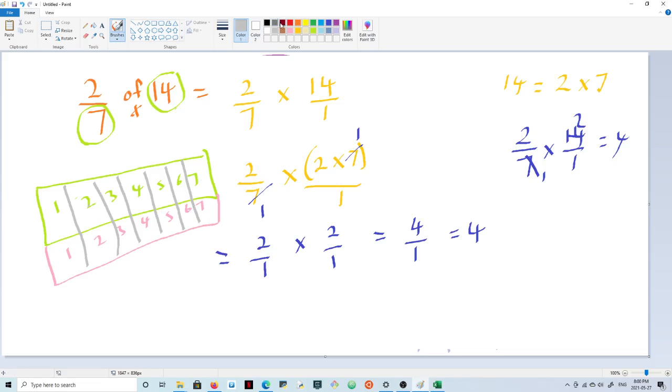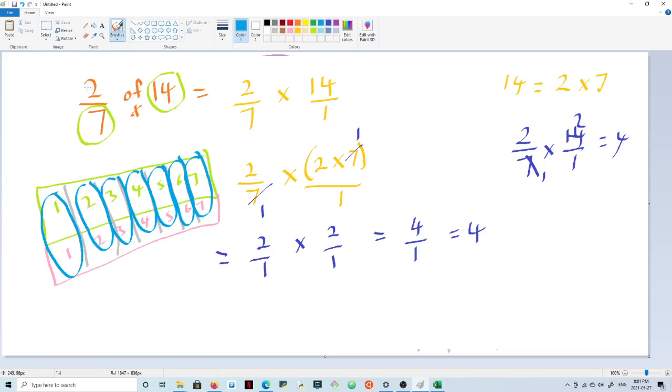So if you have 14 elements and you want to create 7 sets out of it, each set will have 2 elements. This is one set, another set. And how many sets are you going to have? You have 7 sets with 14.